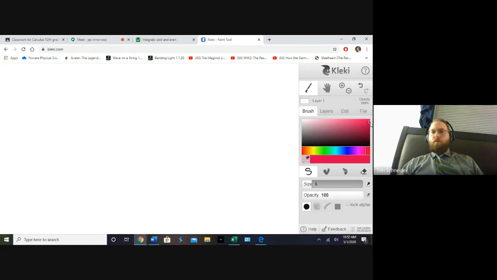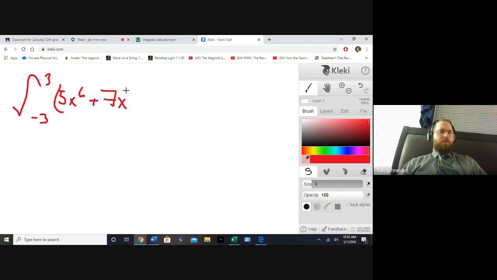So if you remember, you can split apart integrals however you want. So let's do the integral from -3 to 3 of 5x to the 6th plus 7x cubed minus 10x minus 6 dx.